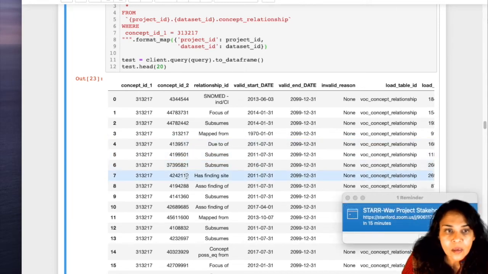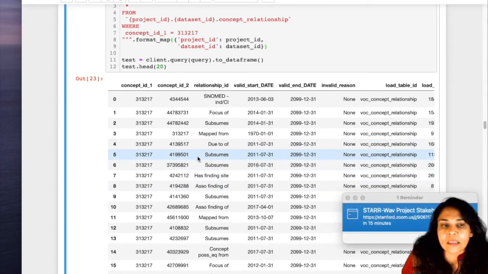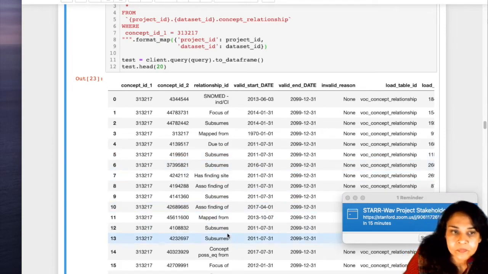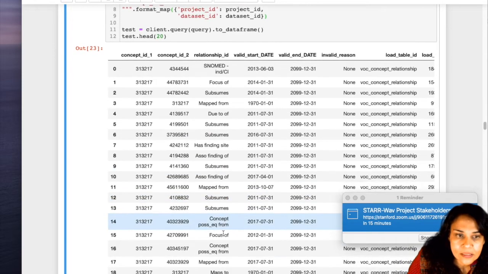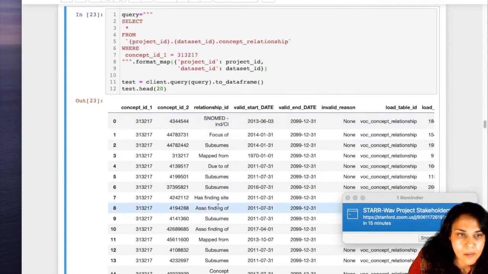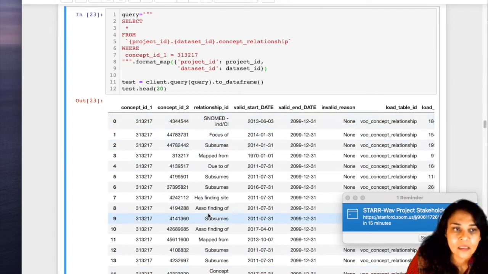Subsumes basically means that if A subsumes B, then A contains all of B. So these are all the different kinds of relationships you have, and these are all the different concepts that atrial fibrillation is related to.